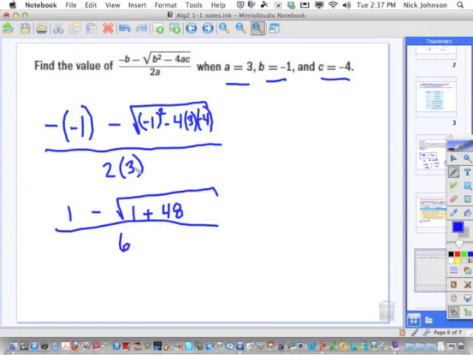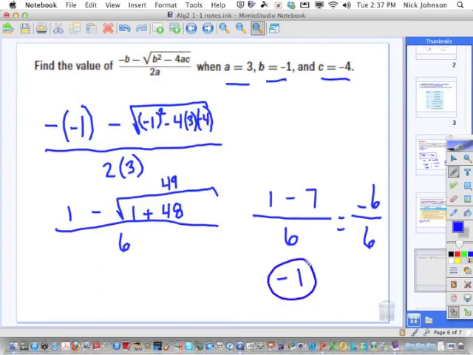Sorry for the penmanship. Well, what's 1 plus 48? Everybody should be saying 49. Do we know what the square root of 49 is? The square root of 49 is 7. 1 minus 7 is a negative 6. Divide it by 6. Negative 6 divided by 6 is a negative 1.